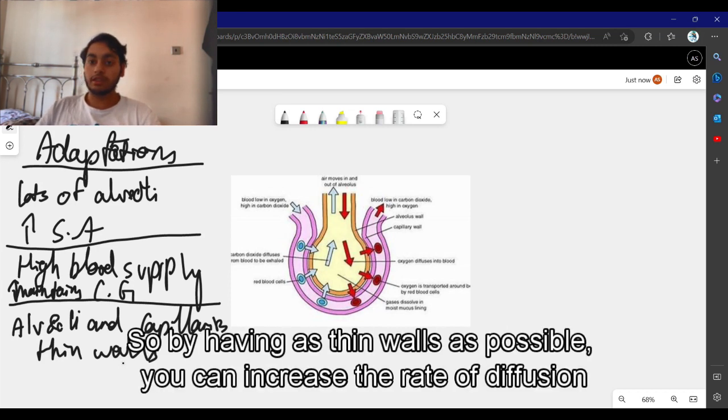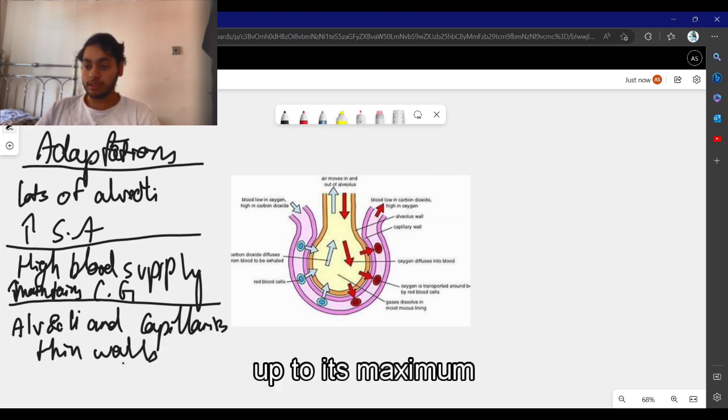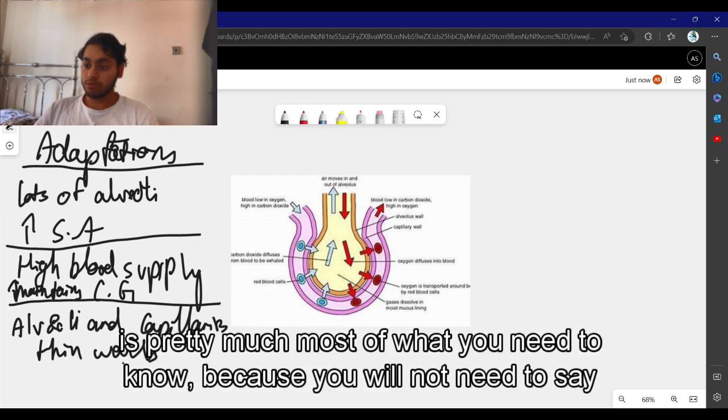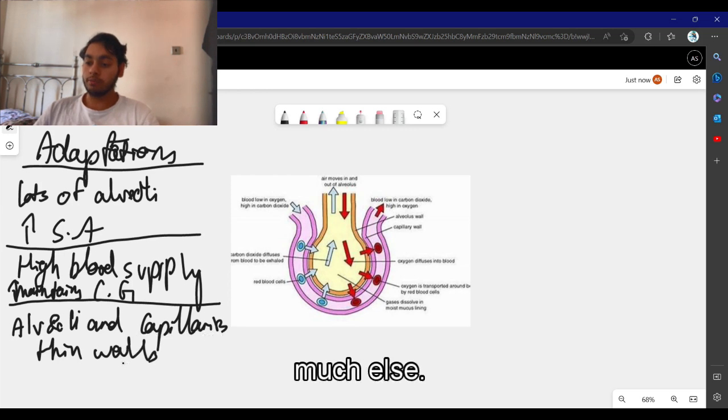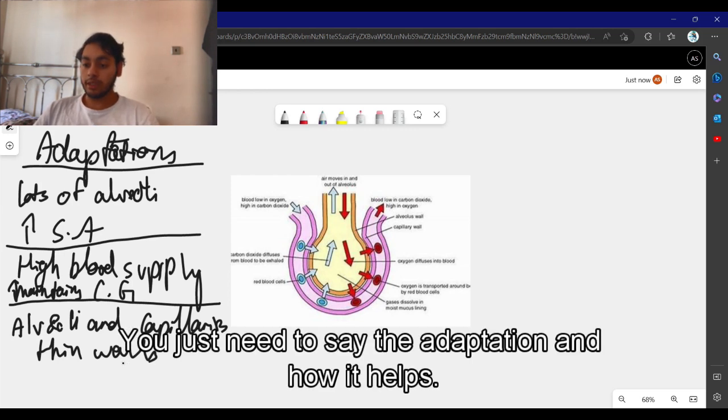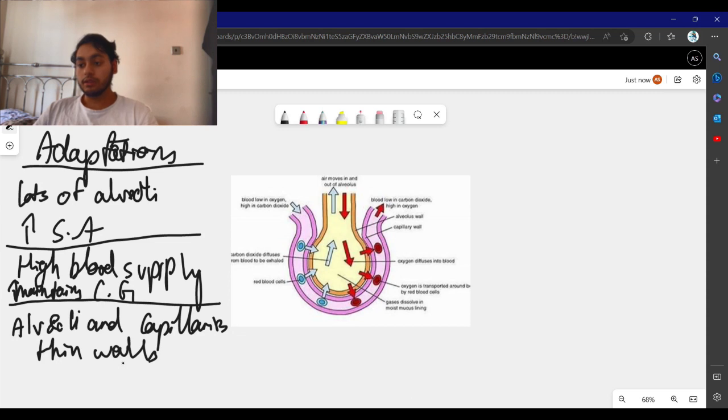So by having walls as thin as possible, you can increase the rate of diffusion up to its maximum point. And this is pretty much most of what you need to know, because you will not need to say much else. You just need to say the adaptation and how it helps.